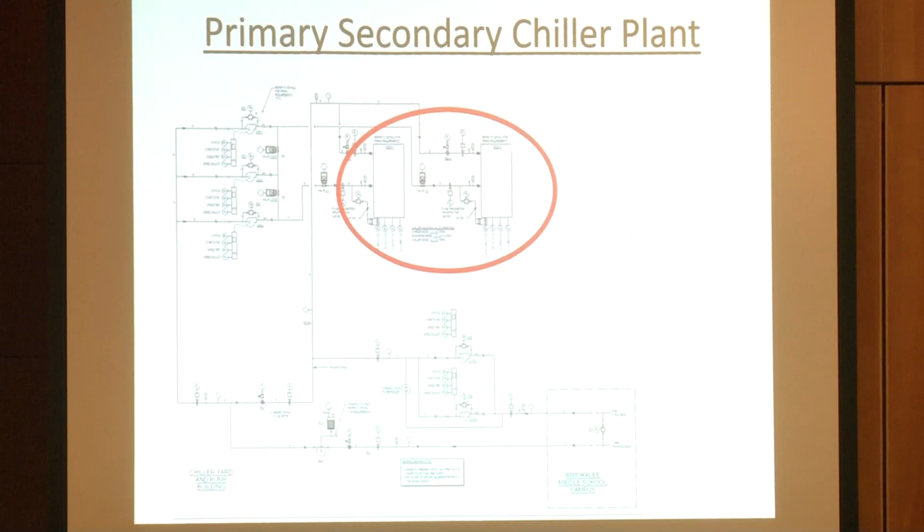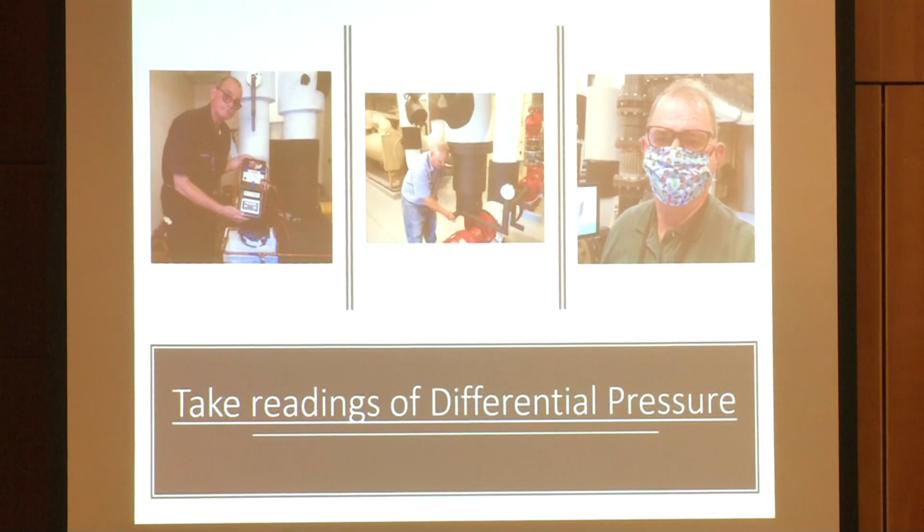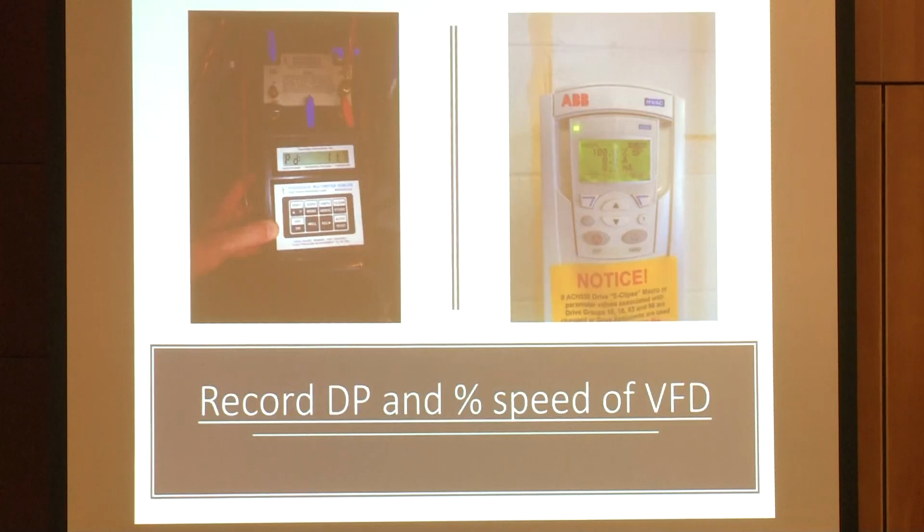Now we look at the chillers, and here are the two chillers, and we make sure that those are okay, make sure that differential pressure is okay. We take those readings to verify it, and then we record that DP and that percent speed of the variable frequency drive, and now that becomes your setting for the VFD of the pump on the primary side.